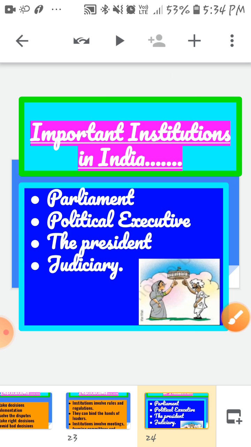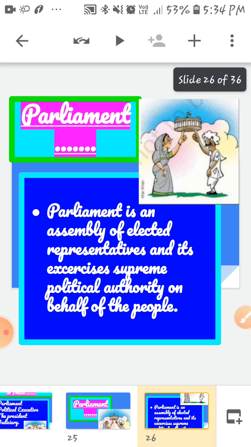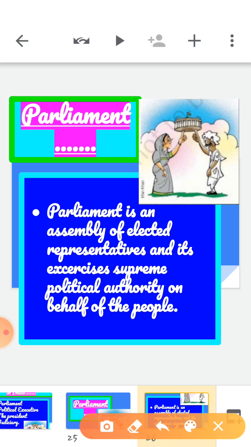So let's start with the first, Parliament. Now just tell me, what is Parliament? In all democracies, an assembly of elected representatives exercises supreme political authority on behalf of the people.